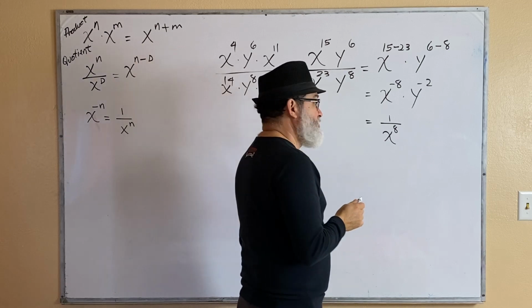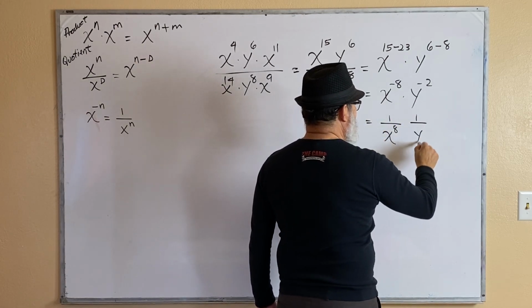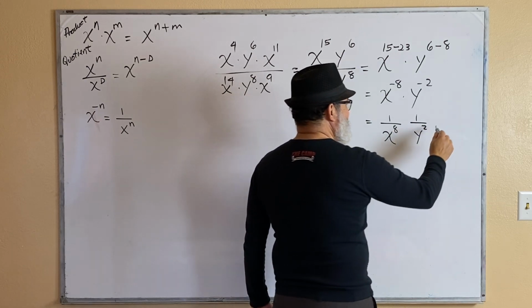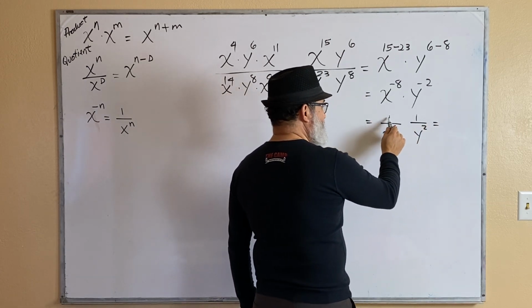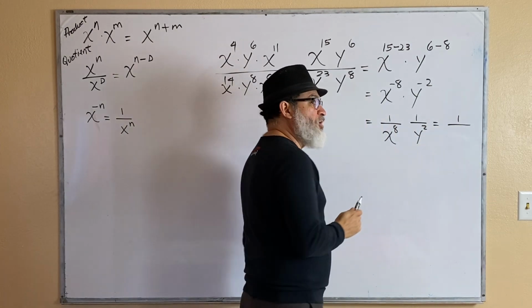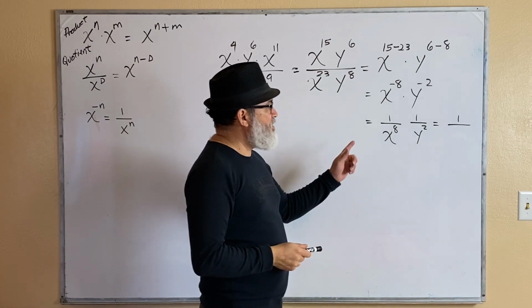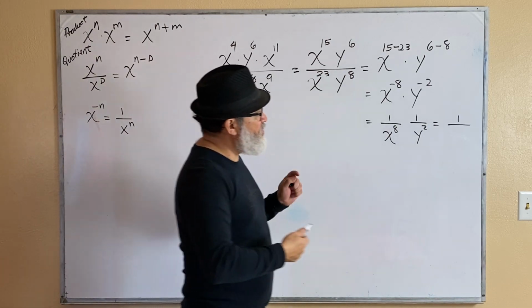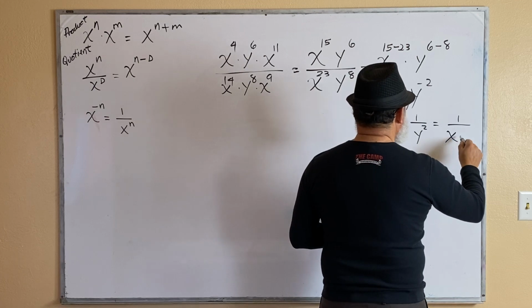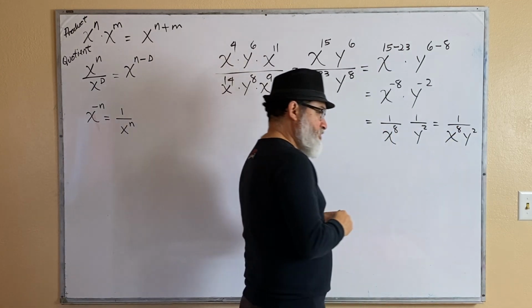And this one here is 1 over y to the 2nd. If you multiply 1 times 1, you get 1. If you multiply those two, no, you cannot multiply them because they are different bases. So we just say x to the 8th times y to the 2nd. And that's all you can do.